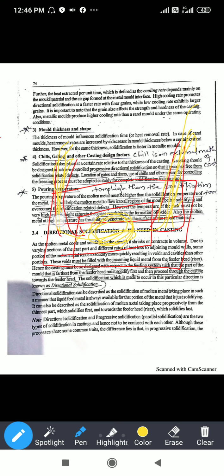In directional solidification, from where the molten metal is fed, this is a runner, from this side only it starts to solidify. This is the direction to be applied for the solidification. From over here it starts to solidify, then the mold cavity is solidified, and at the last this riser is solidified.